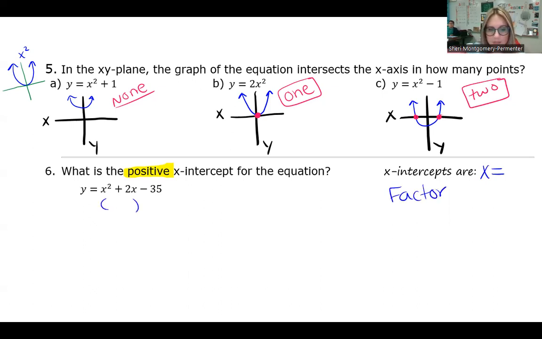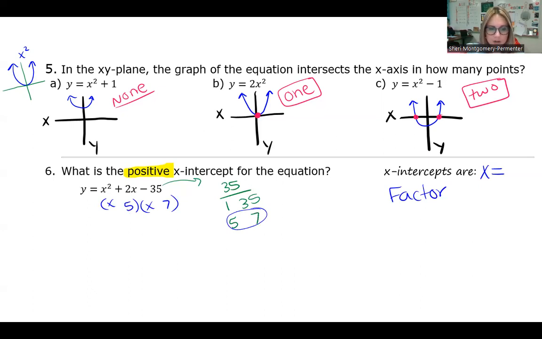So when I look at this one, same thing we've been doing, I got to take 35 and I need to make factors. So 1 and 35, what else? What else multiplies to give you 35? So which one of those factor pairs could put together to make 2? 5 and 7 would work.